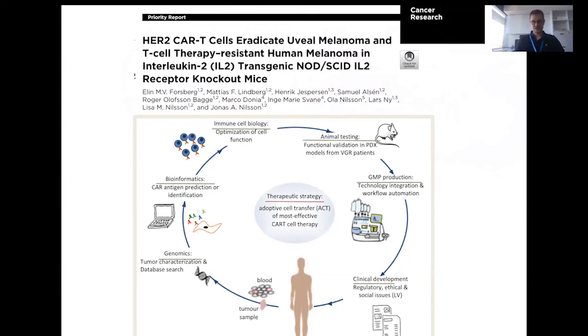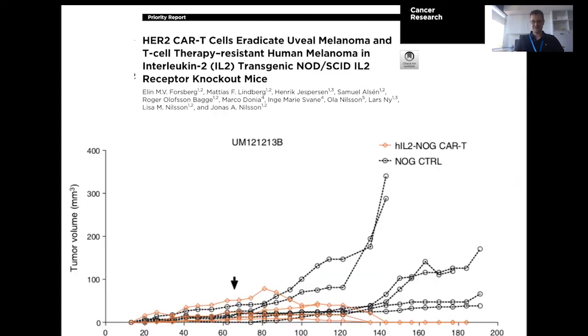So we showed in this paper that we are able to use HER2 CAR T cells to eradicate uveal melanoma in vitro as well as in this animal model. So we're trying to now use Clinimacs to generate clinical grade CAR T cells. We're also doing a slightly different variation in this project.